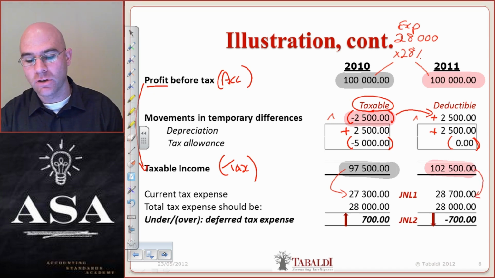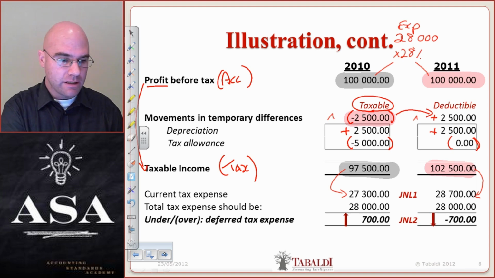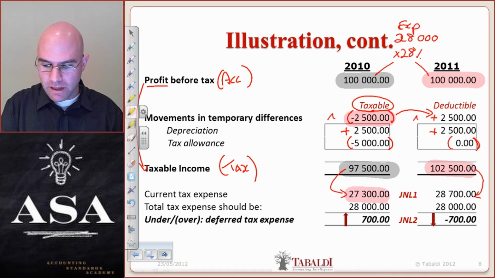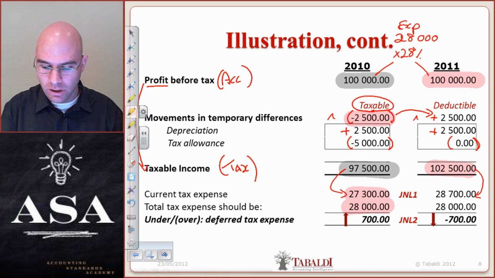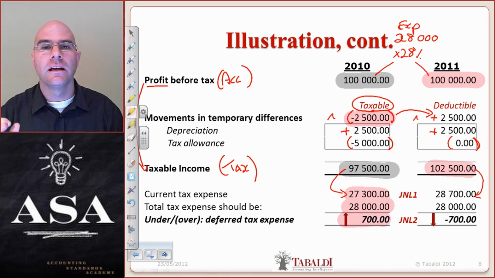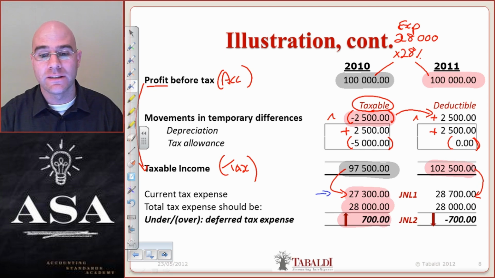Take note the tax expense overall has not changed. It's just the periods in which it differs. So if I take my 27,300, compare it to what my tax expense hypothetically should be at 28,000, well, tax expense is understated, for want of a better word, by 700 Rand. Remembering that the 27,300 is the tax that I will actually have to pay over to the tax authority in 2010.